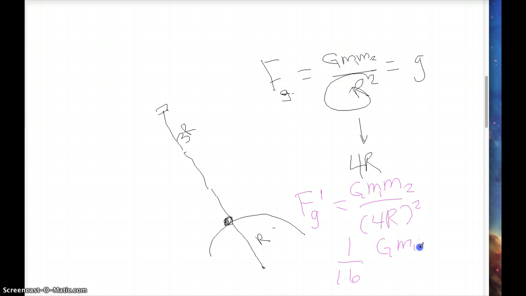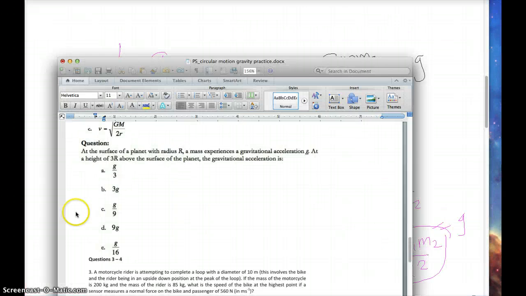And we could pull that out of the rest of this expression. And this should look familiar. This is just what we call g. So this new force is just 1/16 of the original force, so 1/16 g. And if we look at the options that are given, we see E is the right answer.